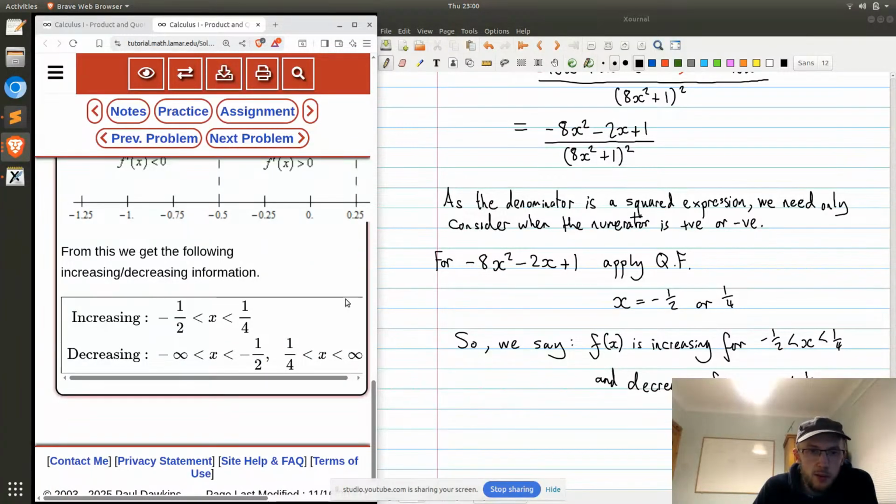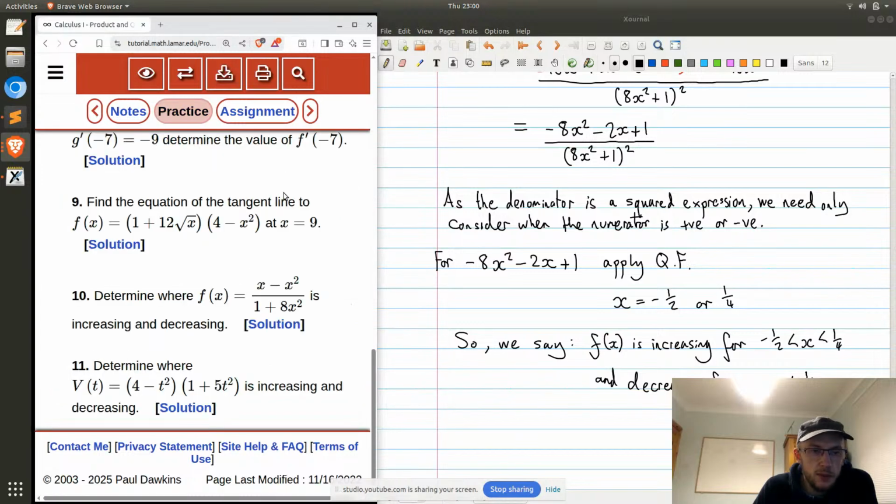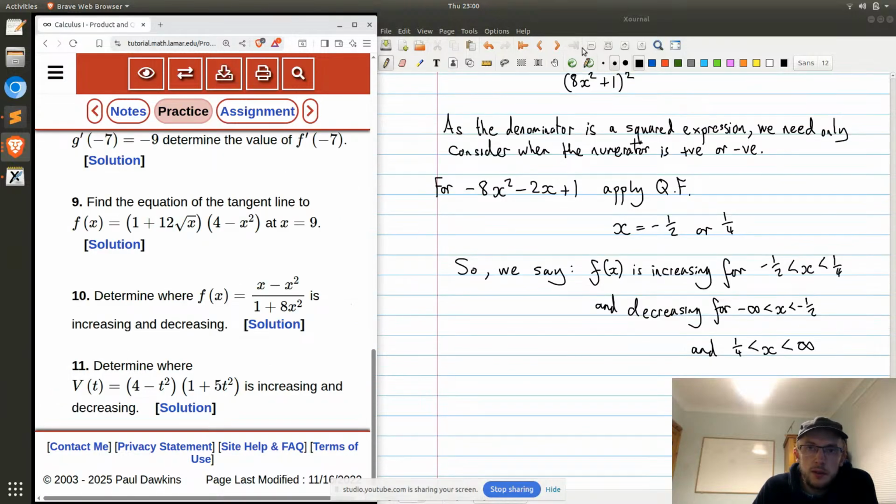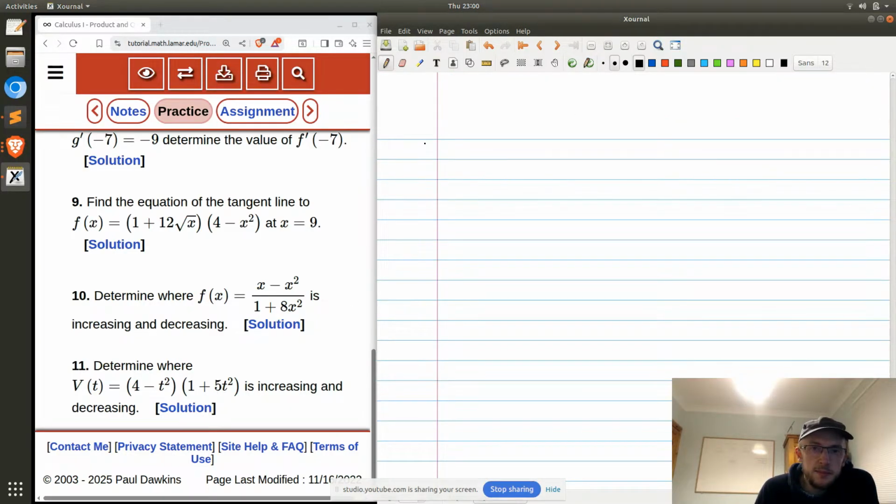Hooray! It's correct. Wonderful. Problem 11. Determine where that function there is increasing or decreasing.